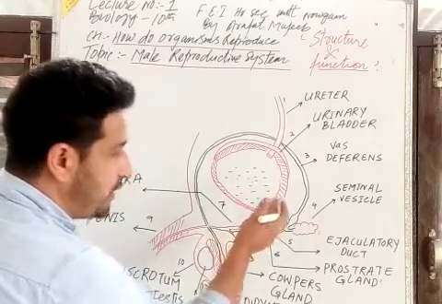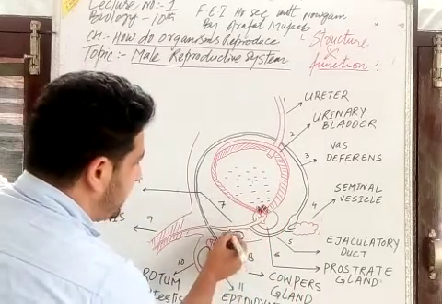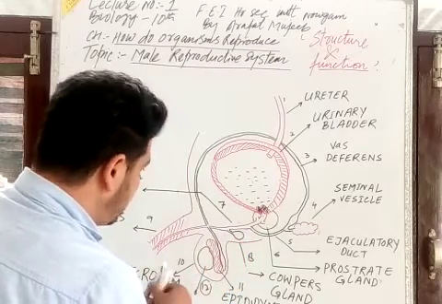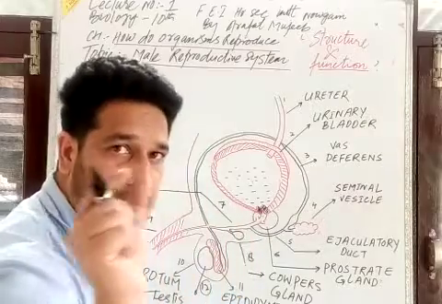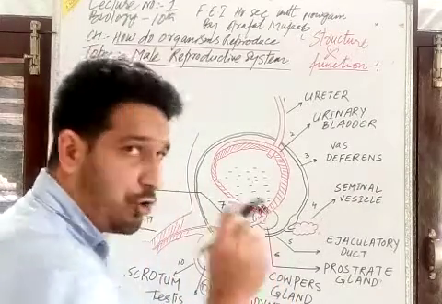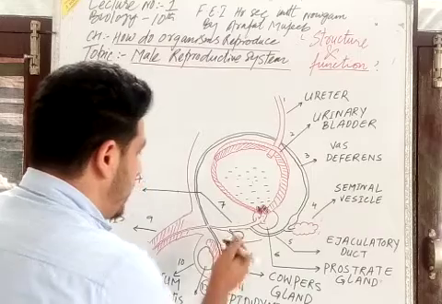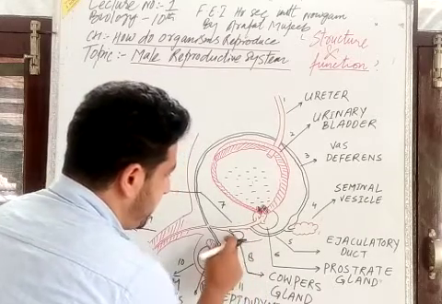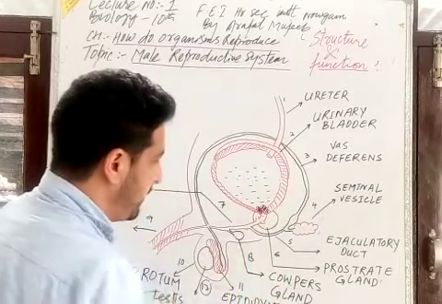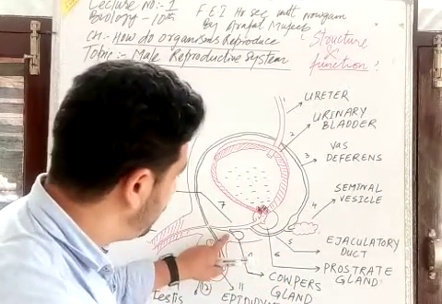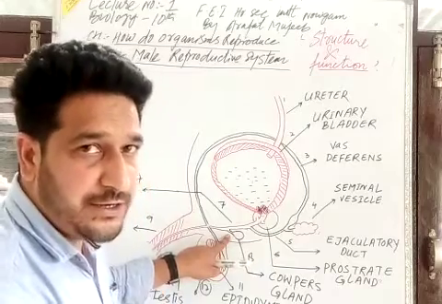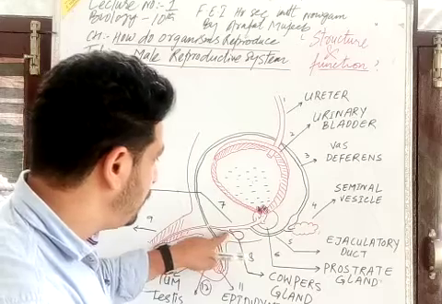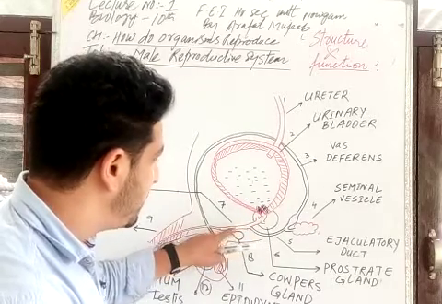Then further ahead, when the urethra passes on, there is another gland, pea-pod shaped, which occurs in pairs. This is number 8, the Cowper's gland. The Cowper's gland also has a duct, exocrine in nature, another accessory sex gland, and it is also connected to the urethra which is passing on.